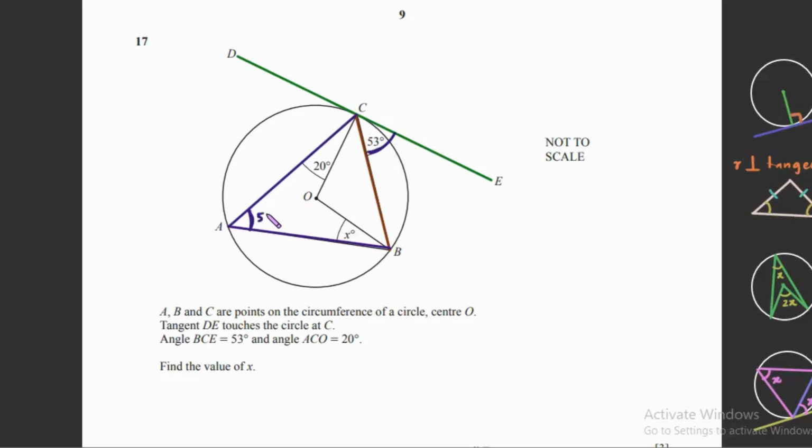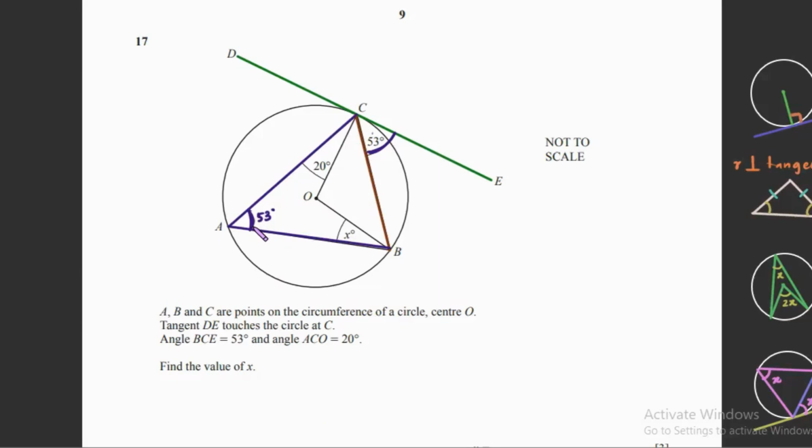That explains that this angle will be 53 degrees as well. So I made use of the alternate segment theorem to find this angle here. We can also make use of the radius and tangent theorem to calculate the missing angle here, and using that as well, we can do it. But I'm going to use this method.